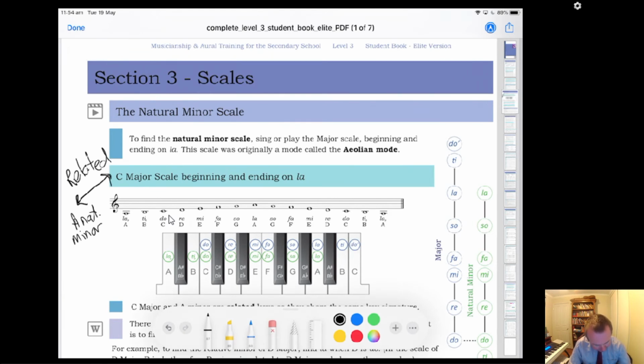Like brothers and sisters share the same DNA or similar DNA, but still have different birthdays. Well, A natural minor and C major, they share the same notes, but they start differently. Similar DNA, same parents, but different birthday. Well, that's the same here. Scales are related. So let's move along.